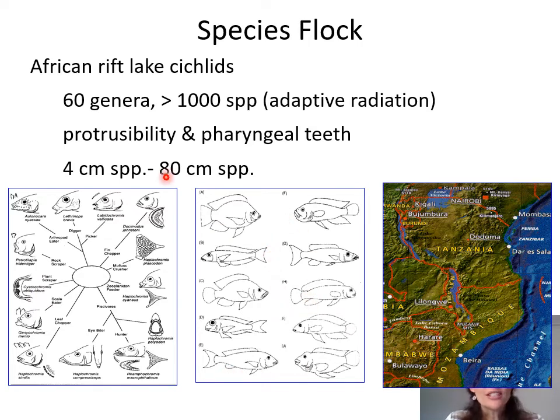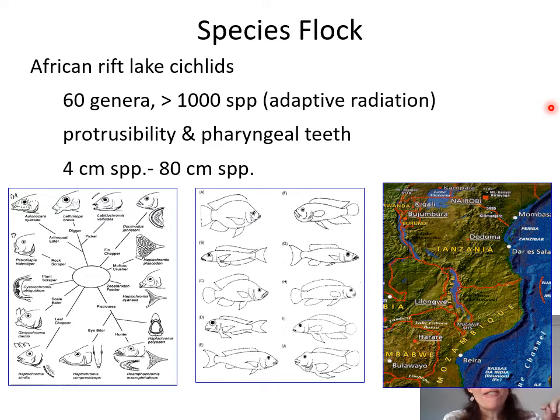And the feeding differences, these differences in protrusibility and the pharyngeal teeth, mean we have specialists that feed just on phytoplankton, that feed just on sponges, that eat sediment. Ones that eat periphyton, so it's not just phytoplankton, they're going to be specific about the kind of plankton they eat. Ones that are leaf specialists, mollusks, ones that only eat benthic arthropods, or zooplankton.